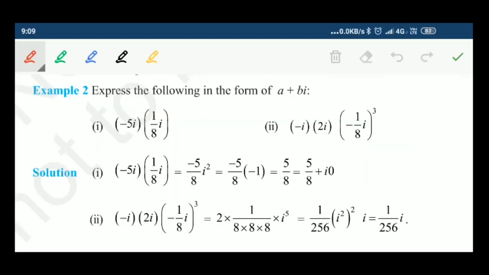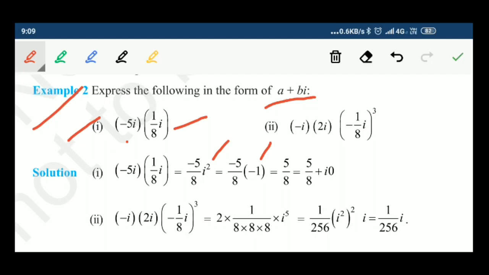Now students, you can see the second example. They have given some complex number, and we will express the given complex number in the form of a plus iota b. You can see the first part, what they have given: minus 5 iota into 1 upon 8 iota. We will multiply iota and iota, it is equal to iota square, and we know that iota square is equal to minus 1, and we can simply multiply.